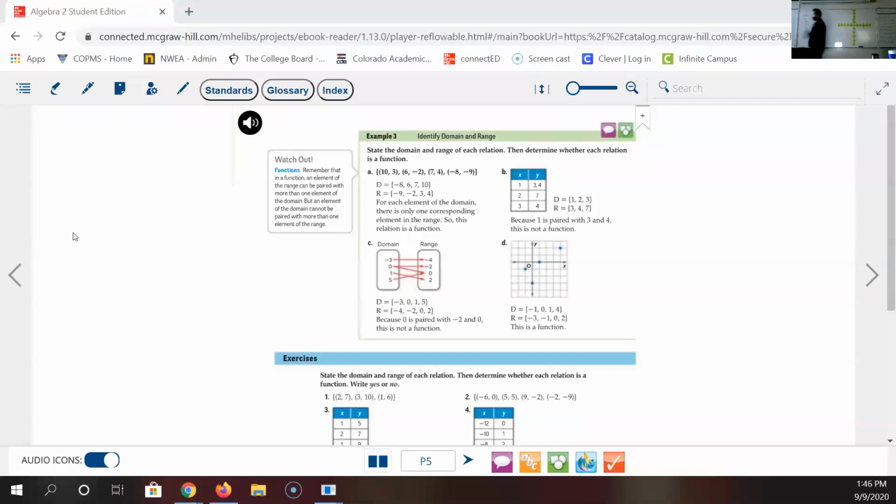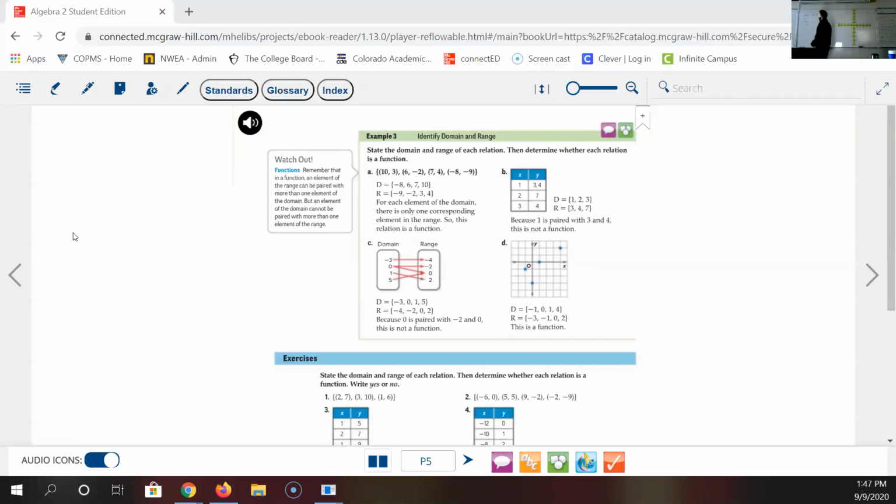The first question it asks is what is the domain and what is the range? For the domain, once again, we're only focused on the x values, and we want to list them from smallest to greatest.